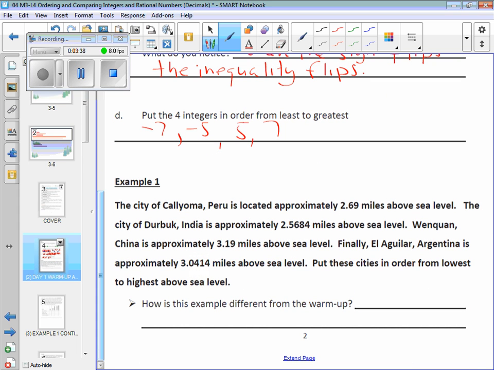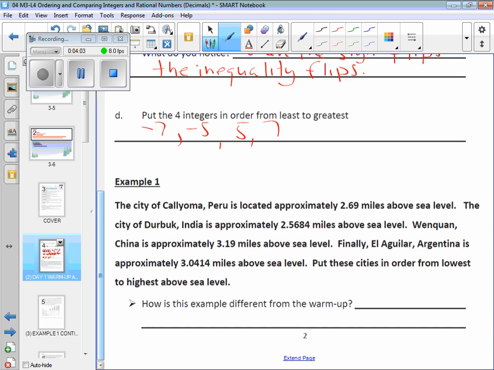Welcome to rational numbers, because now you're going to start to see decimals. All right, the city of Calioma, Peru is located approximately 2.69 miles above sea level. Is that positive or negative? It's above sea level. Okay, great. The city of Durba, India is approximately 2.5684 miles above sea level.